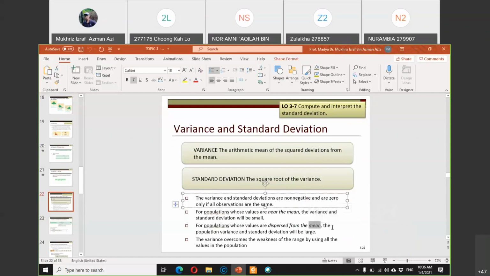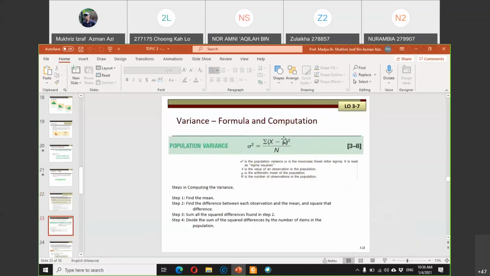If the data is located far away from the mean, then the variance and standard deviation will be large. So you can see here, X minus mu is basically comparing the data with the mean. That's why it is the measure of dispersion. Every value minus the mean, you take the square, and you sum it for every item and divide by the total number of observations.